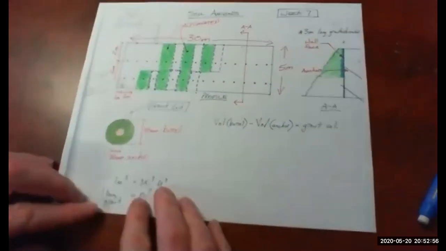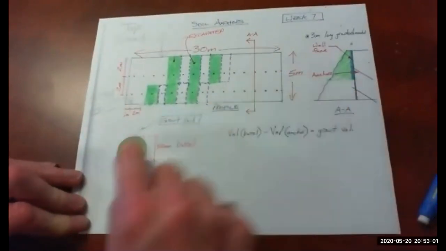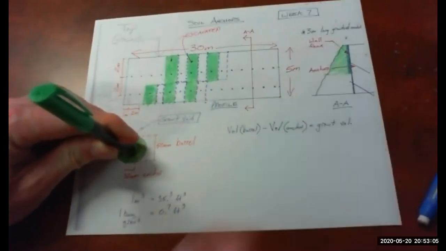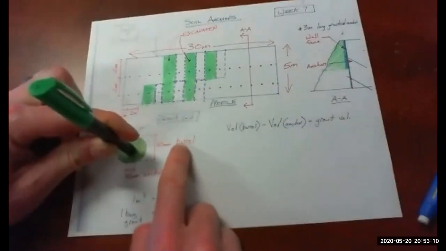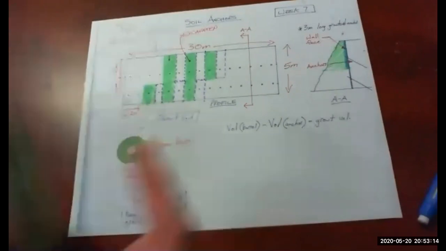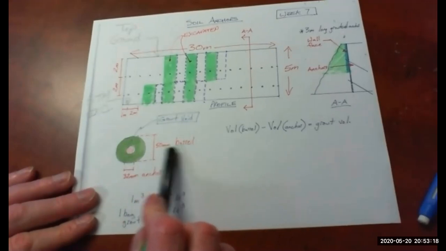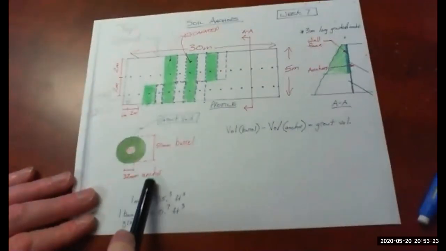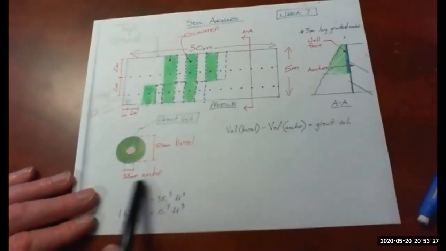So down here, this is a blow up of an individual anchor. So if the anchor is sticking into the soil face like this, on the outside of it is the barrel, or the casing as it's called. So for our example, we've got a 50 millimeter diameter barrel and a 32 millimeter diameter anchor. Obviously, there's some space around the anchor.